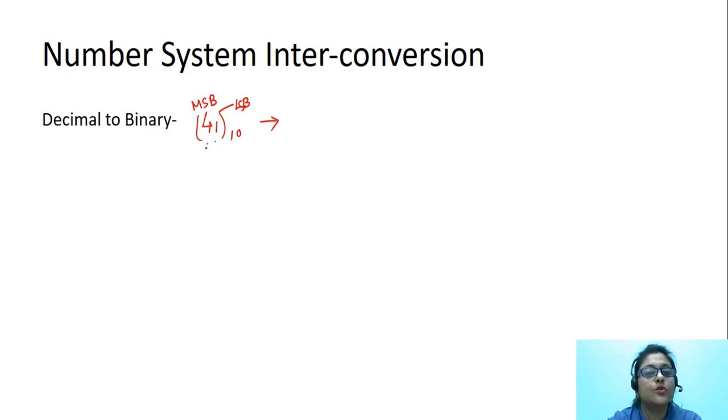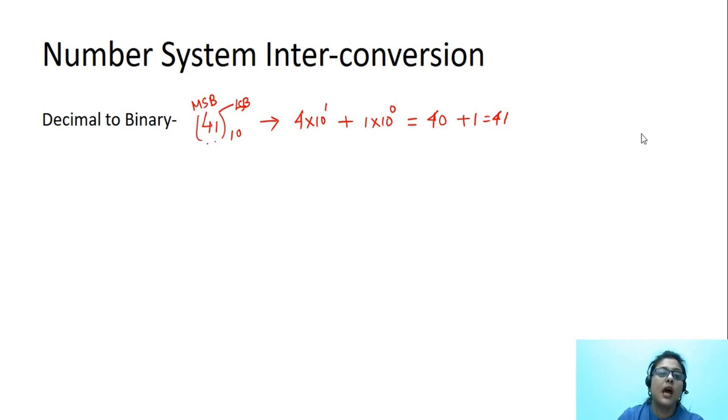Since there are only 2 numbers, we will be multiplying them: 4 into 10 to the power 1 plus 1 into 10 to the power 0. So we get 40 plus 1 equal to 41. So this is the method of understanding how a decimal number system is represented.